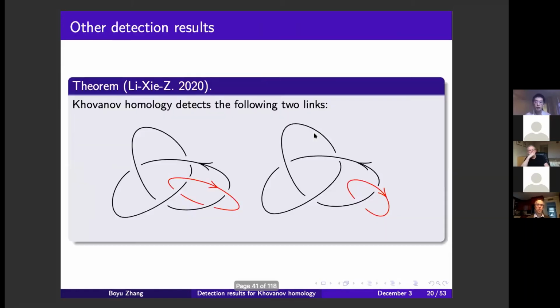That's the reason why we think a classification of 2-component links with Khovanov homology rank 12 is hopeful, because in all the examples, they all have this braid structure. Here, this trefoil is also a braid closure in the complement of this. This is the only counterexample, probably, but still, we can think of this unknot as a braid closure in the complement of the trefoil using the fiber knot structure of the trefoil.